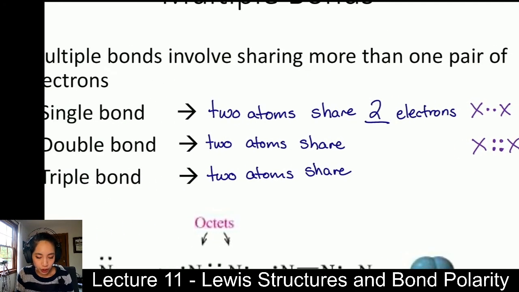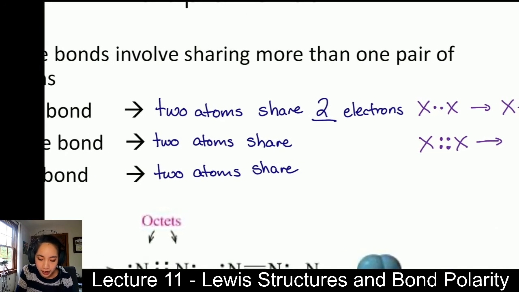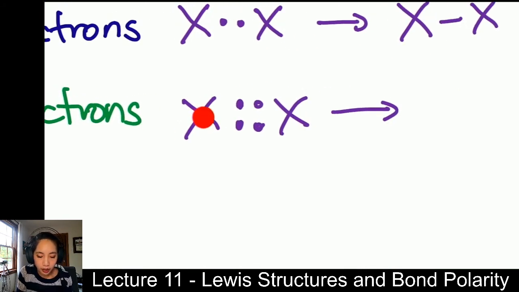If we start to share more than 1 pair of electrons, that's when we form a double bond. So in a double bond, we have 2 atoms that share a total of 4 electrons. As a Lewis dot structure, we have 2 atoms here, and they're going to share a total of 4 electrons.